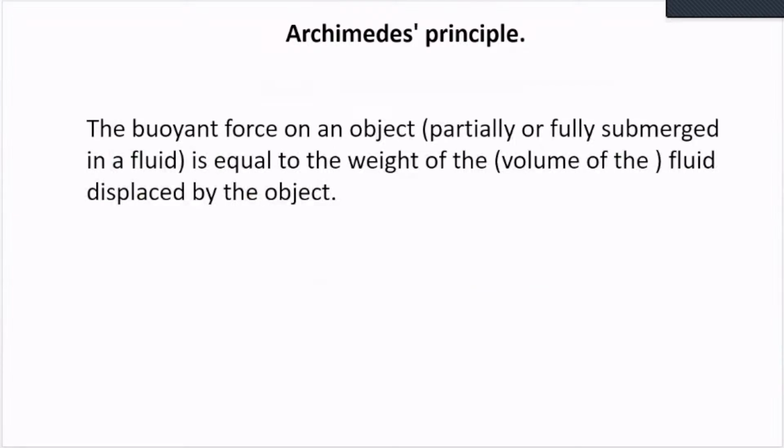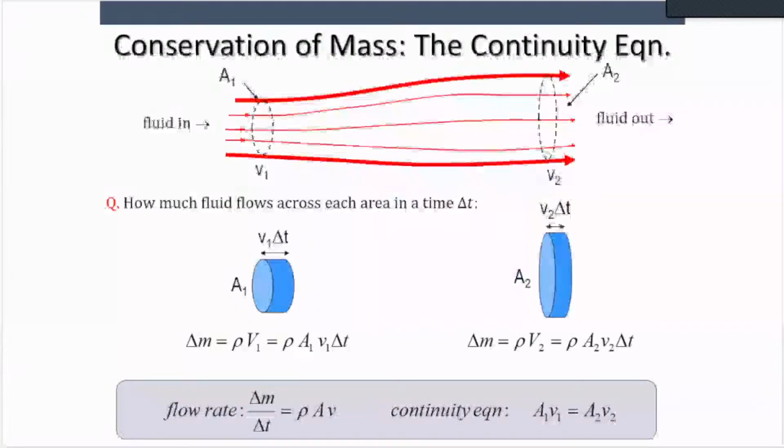So with that, I'll move quickly to one part. This is the so-called conservation of mass, or the continuity equation. If we have a fluid moving through a pipe, entering at one place and moving out at another place, the area is different here. This is happening at the same level.